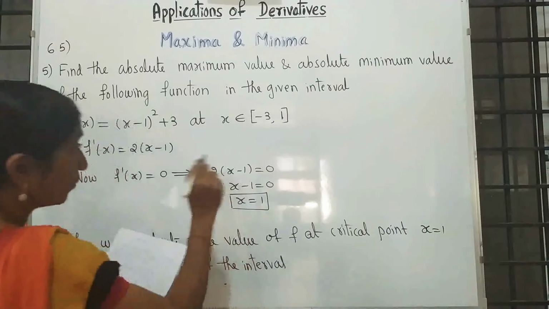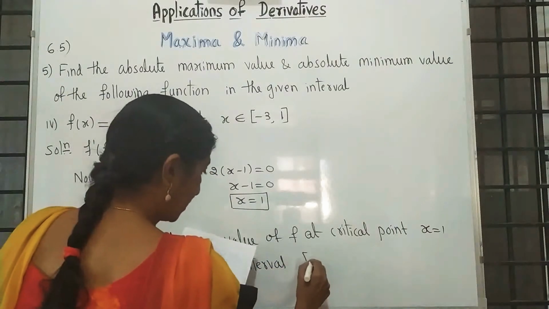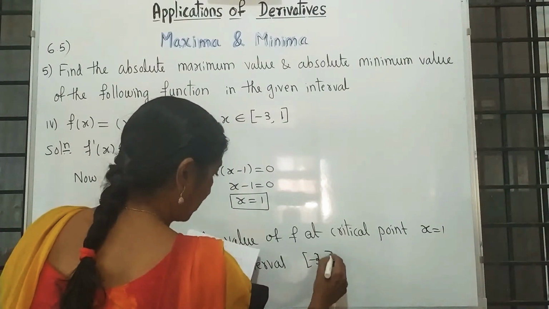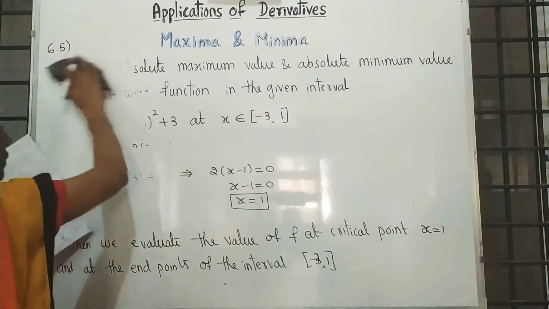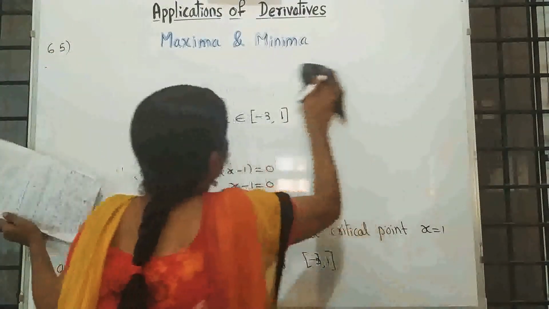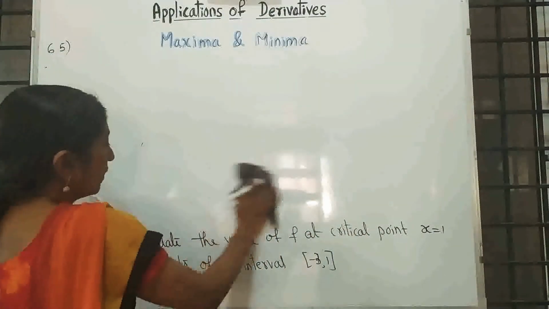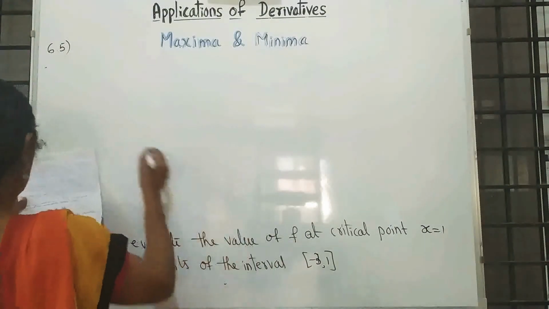The interval is also same, minus 3 comma 1. That means only at 2 points we have to calculate. Write down that values in the given function.